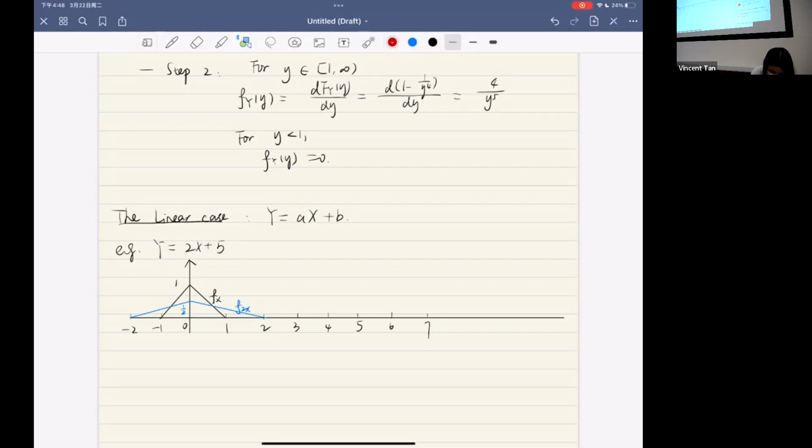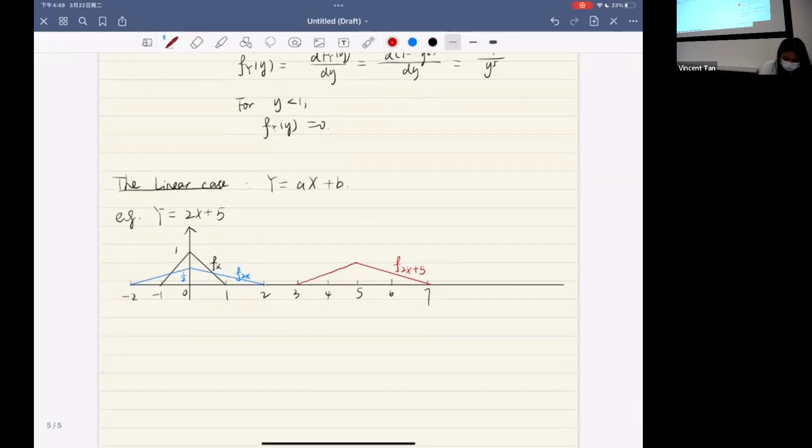So this point here will be moved to this point, and this point here will be moved to this point.